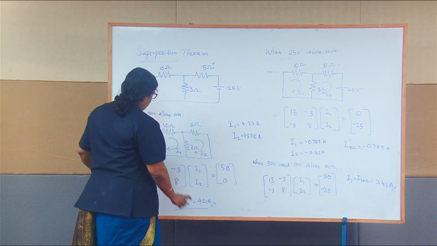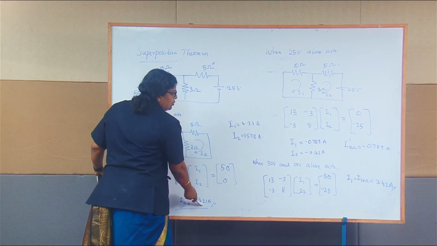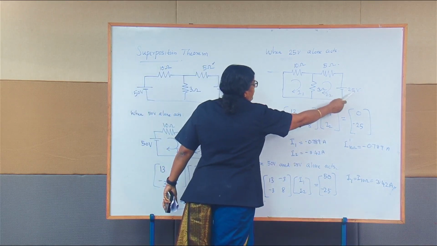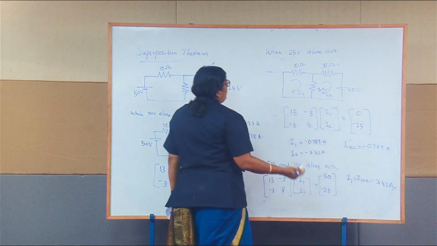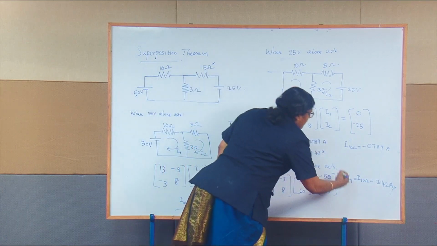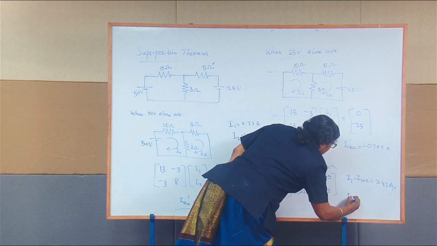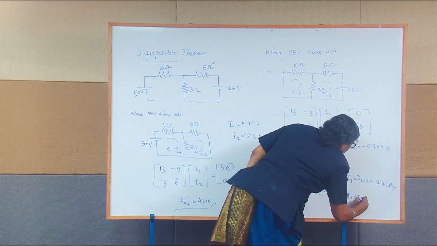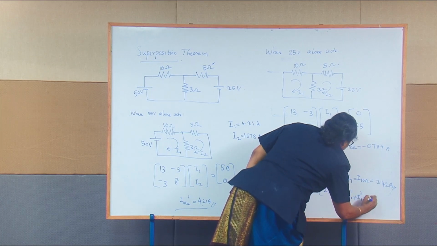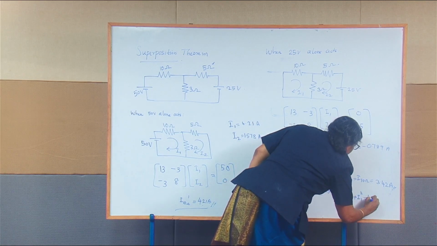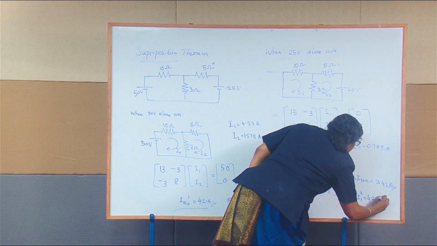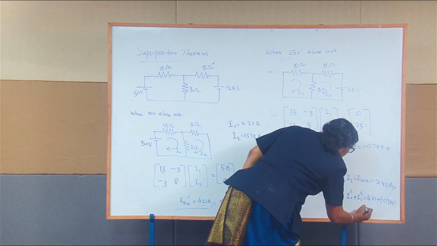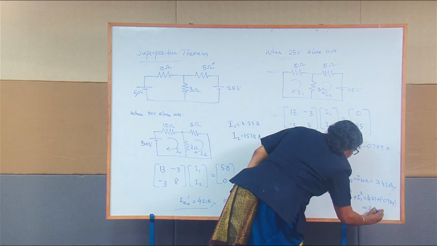Now if you see the first case, the current through the 10 ohm due to 50 volts is 4.21, and due to the 25 volts it is minus 0.789. So from the theorem you can say that I1 dash plus I1 double dash is equal to 4.21 plus minus 0.789, that will be 3.42 amperes.